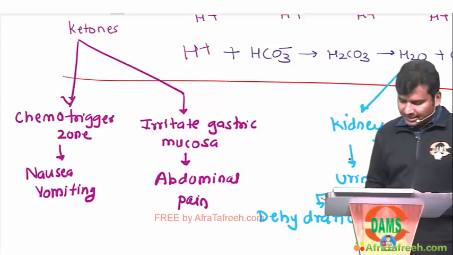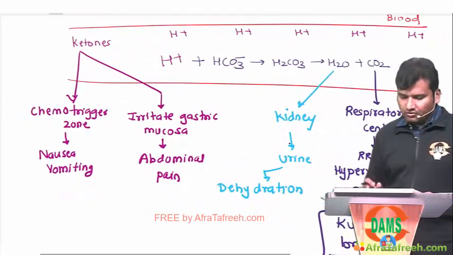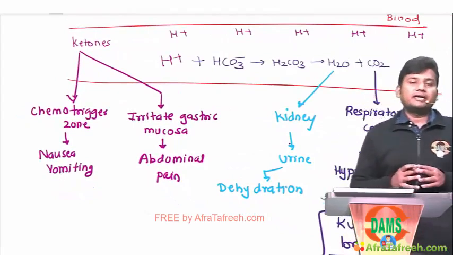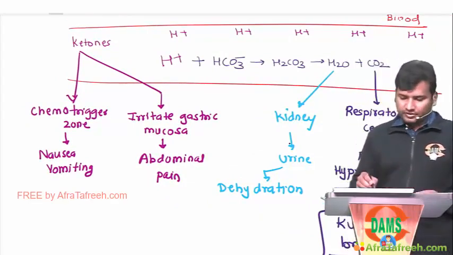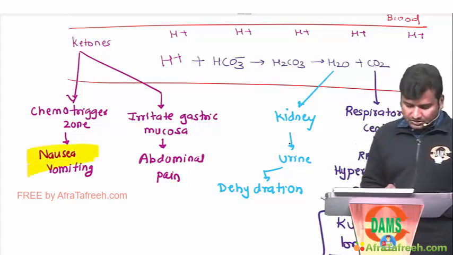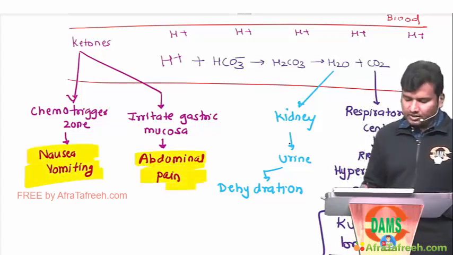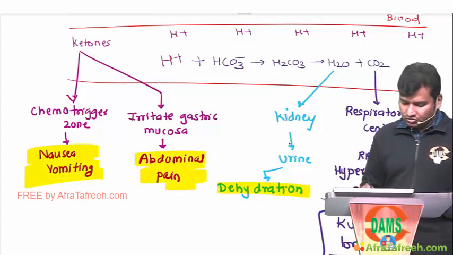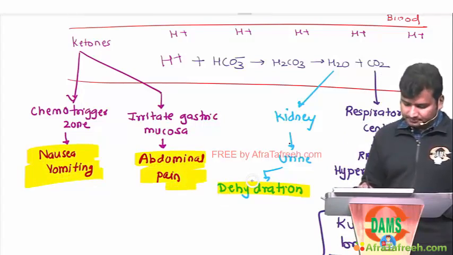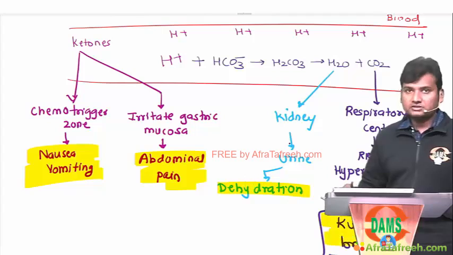So characteristic features of diabetic ketoacidosis because of ketones are nausea, vomiting, abdominal pain, and Kussmaul's breathing.